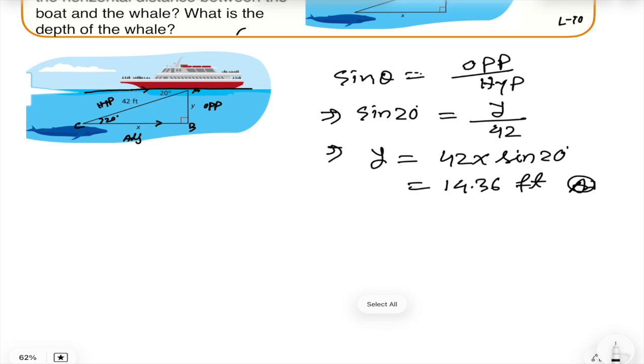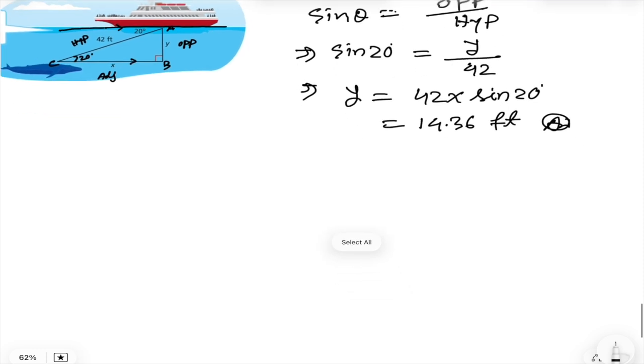x means it is adjacent and hypotenuse. Okay, it is adjacent and hypotenuse, so cos theta, right?